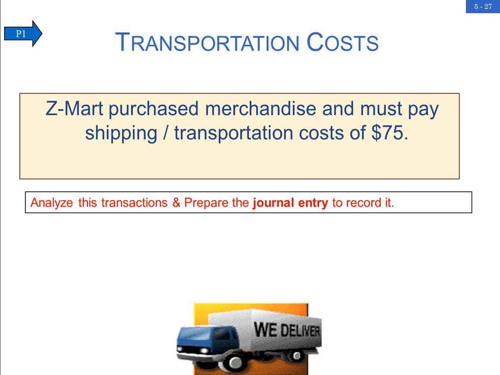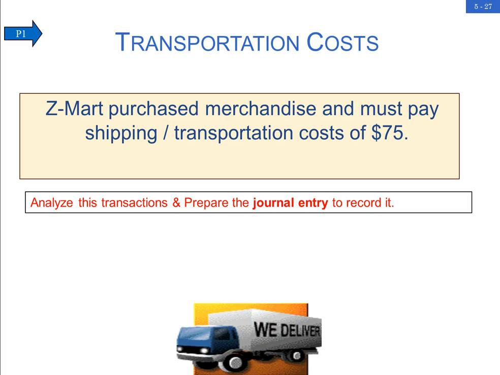Let's say Zmart purchased merchandise inventory, and we've got to pay the shipping transportation cost of $75 to get it to us. Well, in effect, that is part of the cost of the inventory. If I paid $1,200 plus $75 to get it to my store and have it ready for sale, then it didn't cost me $1,200. That inventory cost me $1,275.